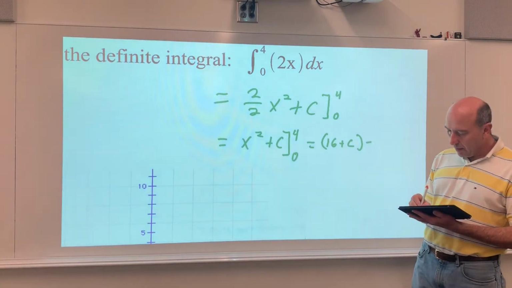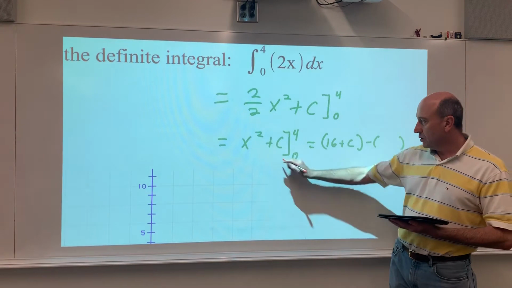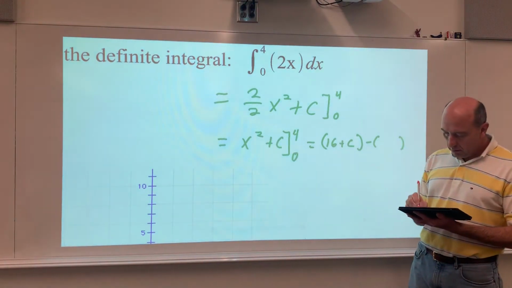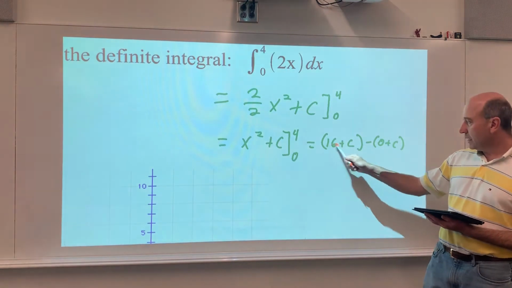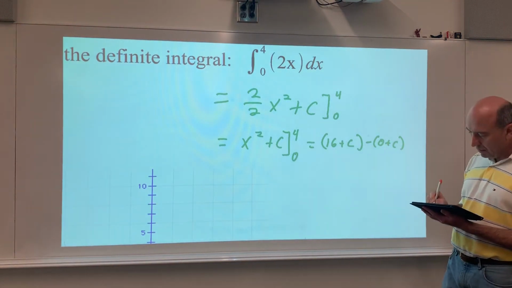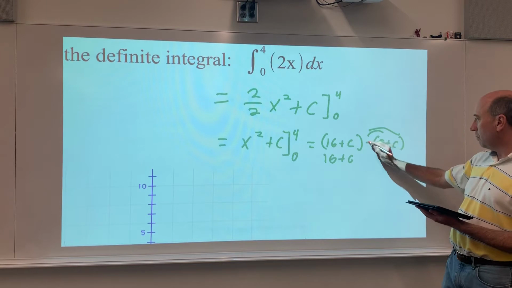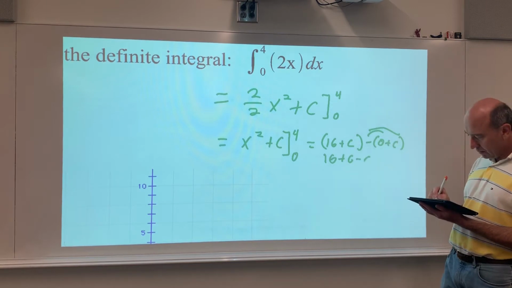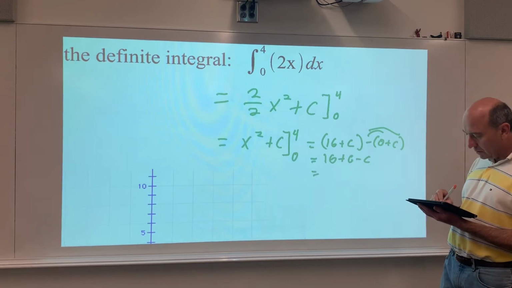Now we plug in 0 for x, so 0 squared is 0 plus c. Now 16 plus c minus 0 plus c. Distribute your negative, so it's 16 plus c minus 0 minus c. The c minus c cancel, and we're left with just 16.